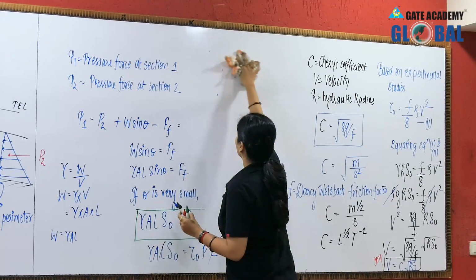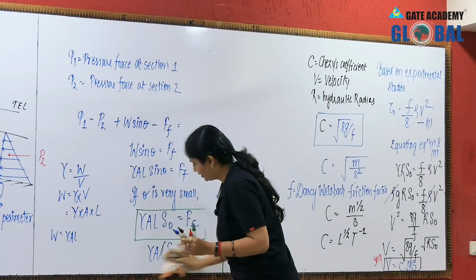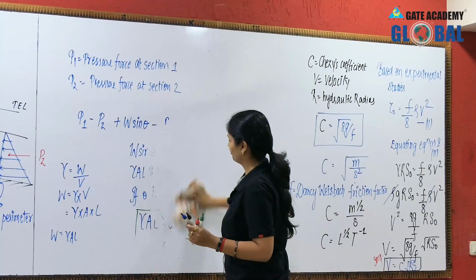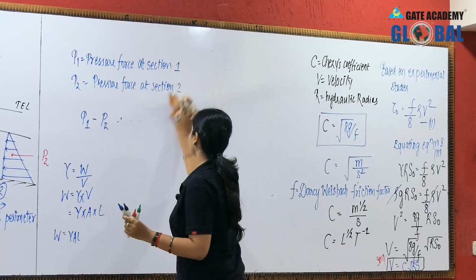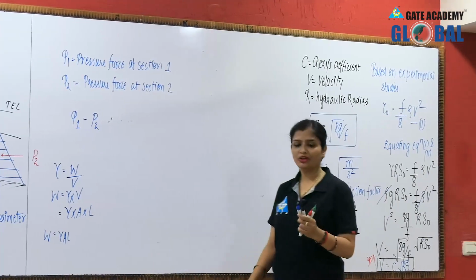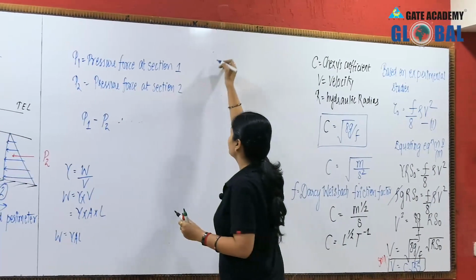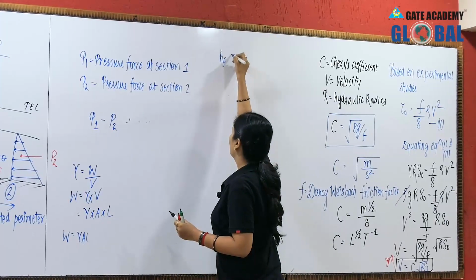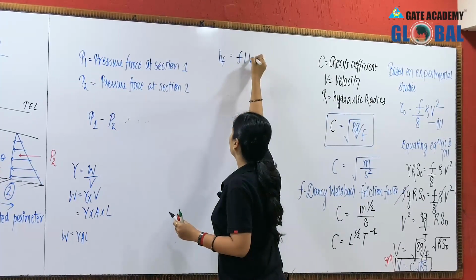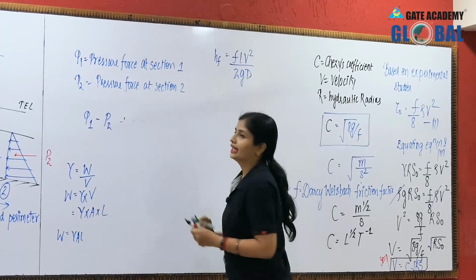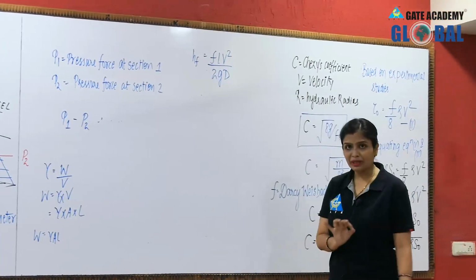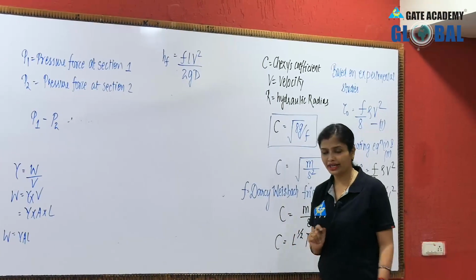What expression do you get? hf is equal to fLV square upon 2gD. This is the expression which you get for head loss.